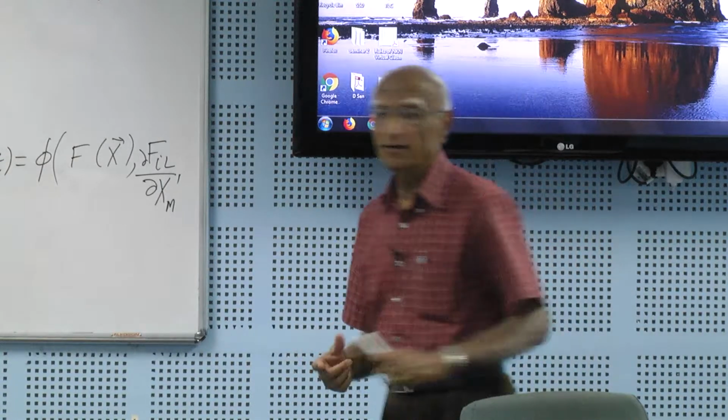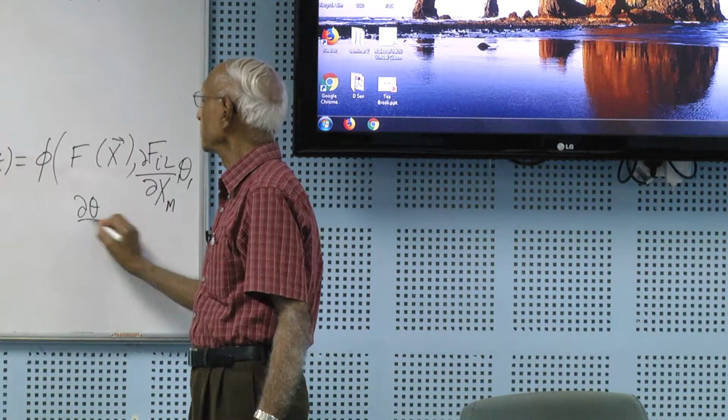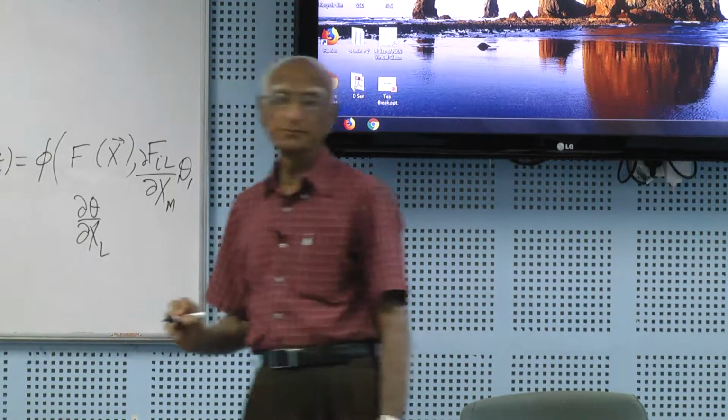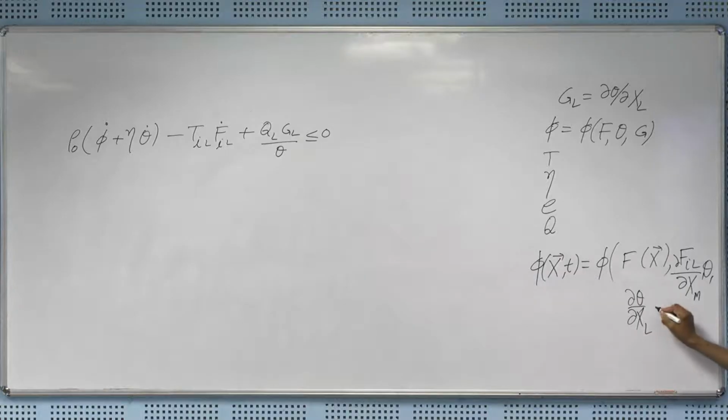If I say it depends upon theta and the gradient of theta, that's what g is, right? Then why don't I say gradient of g?